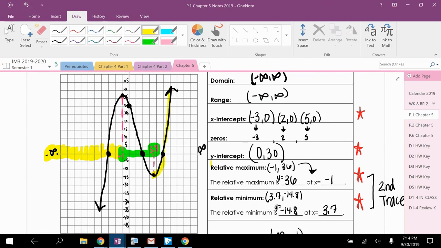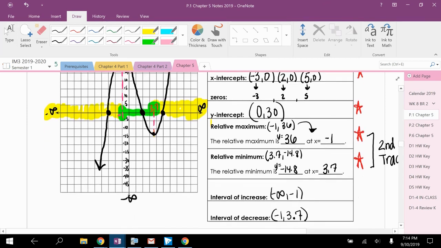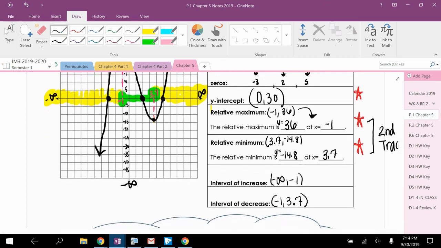So I'm going to have 2 points of increasing on this graph. Where I stop is now where I'm going to start. So I stopped at 3.7, and I'm going to start there now and go on forever to the right to positive infinity. So I'm going to increase from 3.7 to positive infinity. And we're going to use a little u in between.